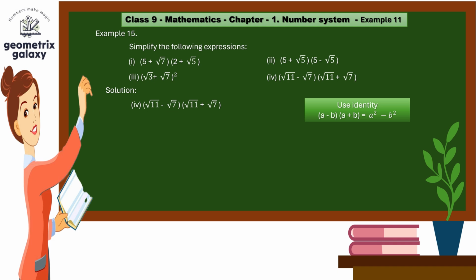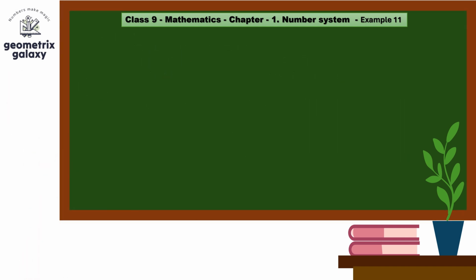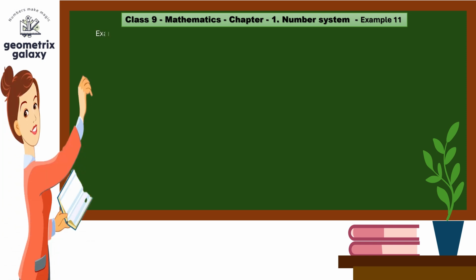So as per the identity, we can write it as root 11 square minus root 7 square. Root 11 into root 11 is 11 and root 7 into root 7 is 7. So we get the next step as 11 minus 7. So 11 minus 7 is 4. So the answer for this question is 4. Now let us see example 16.